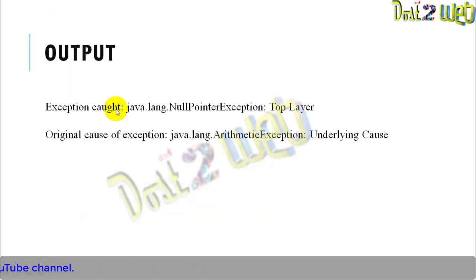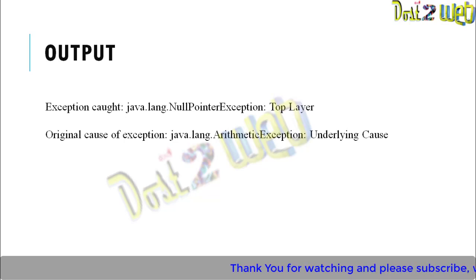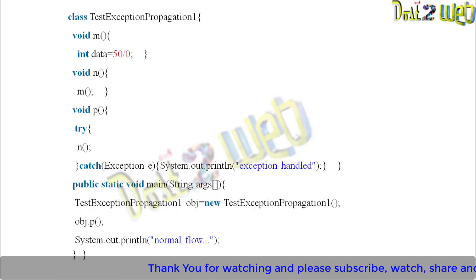You will get the output like this: Java caught the NullPointerException, the top layer, and the original cause is the ArithmeticException. So you can find where the exception was initiated and where you caught it.